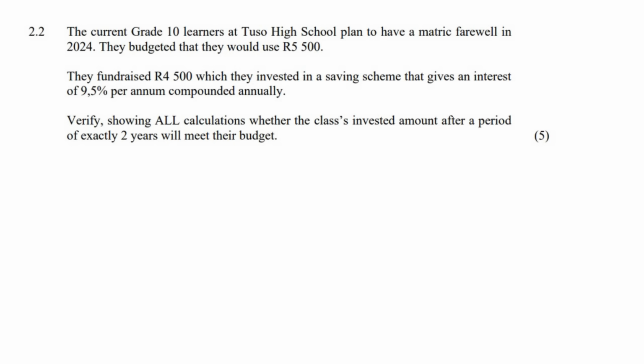So we'll have to see what happens after the first year. So for the first year, they're going to earn 9.5%. So we can say multiply by 9.5 over 100. And let's see what they earn for the first year. Okay, so the total interest that they earned is 427 Rand and 50 cents.